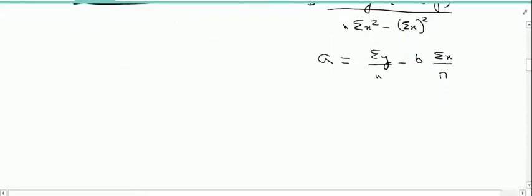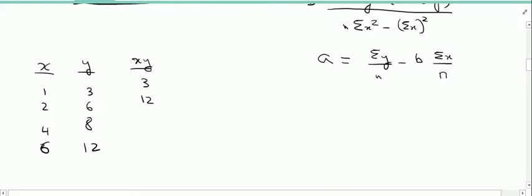For example, let's say we had some data, some x values and some y values. The x values were 1, 2, 4 and 6. The y values were 3, 6, 8 and 12. Our xy will be the multiplication, which is 3, 12, 32 and 72.